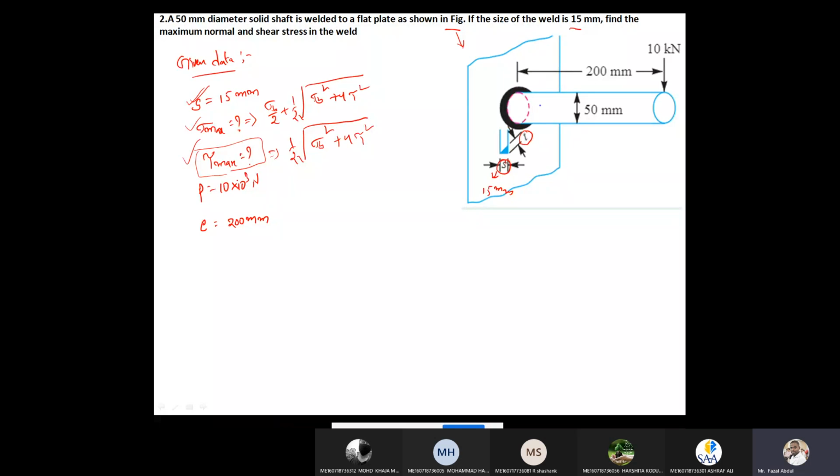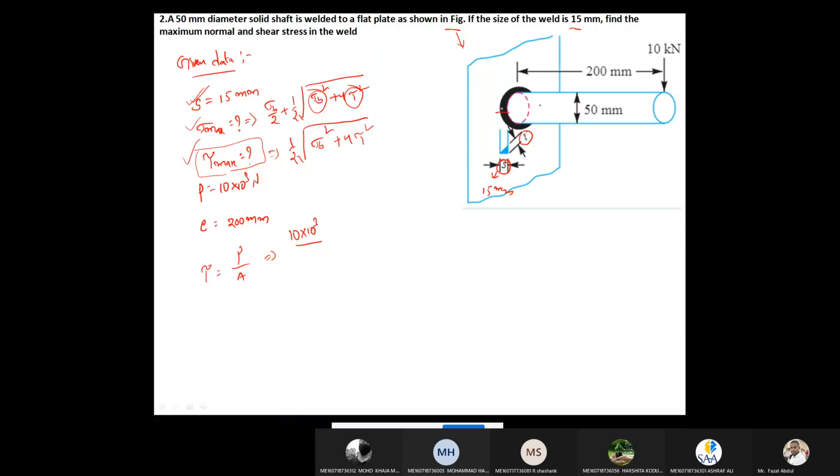Okay, so for this, what parameters do we require? We require the shear stress value and the bending stress value. Shear stress is nothing but the primary shear stress, that is load by area. Load, how much given? 10 into 10 to the power of 3. Area is how much for this figure? For this figure, don't write pi by 4 into d1 minus d2.